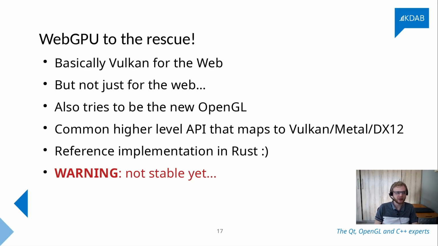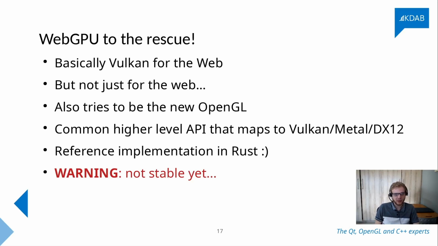So it's similar to how we had WebGL, which was basically OpenGL for the web, but this now tries to be in the style of the more high performance libraries for the web. But the interesting thing is that it's not only for the web. You could use it for any application really.